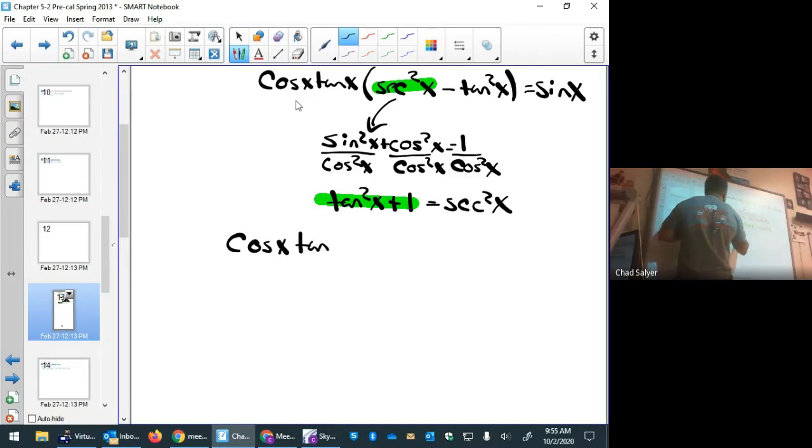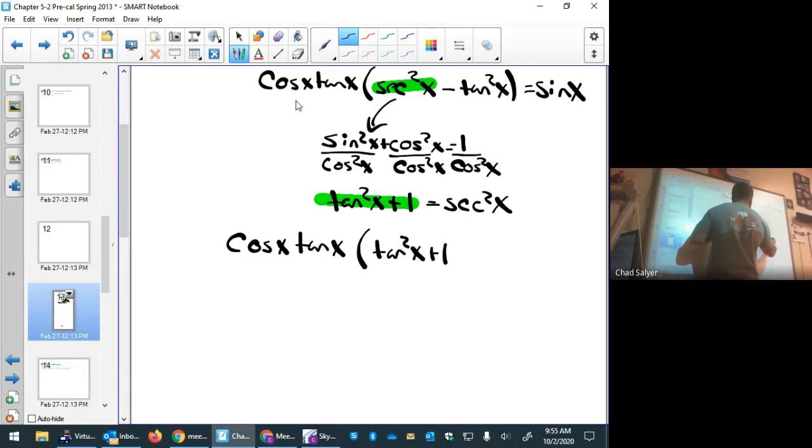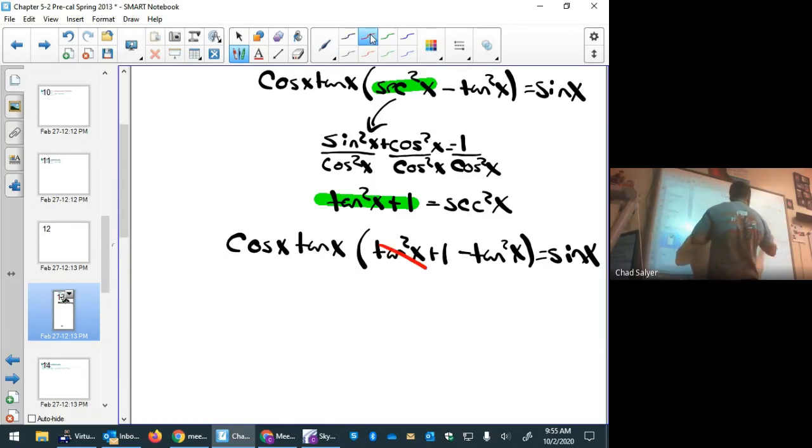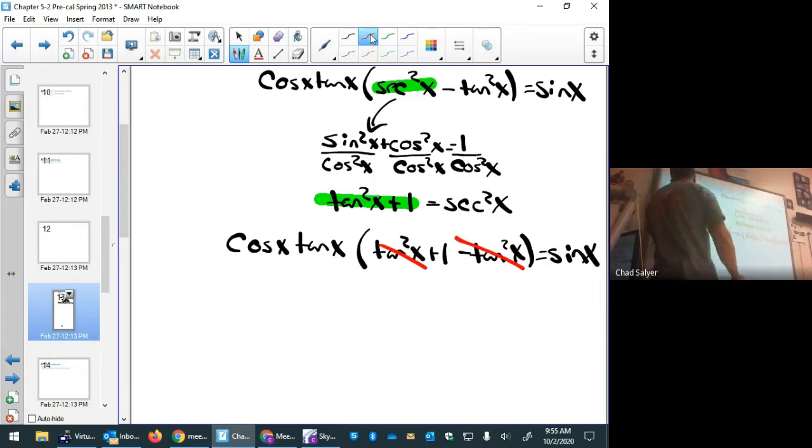Cosine x, tangent x times tangent squared x plus 1 minus tangent squared x equals sine x, and tangent squared x and minus tangent squared x cancel.